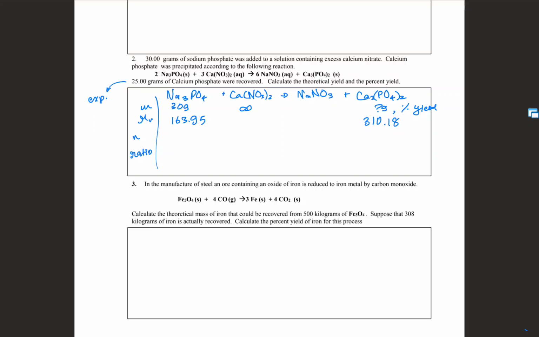So it's going to give us around 0.183. And the ratio is 2 to 1, since this is what we're interested in. For every 2 moles of sodium phosphate, we get 1 mole of calcium phosphate. As we're going from a big number to a small number, we'll divide by 2.